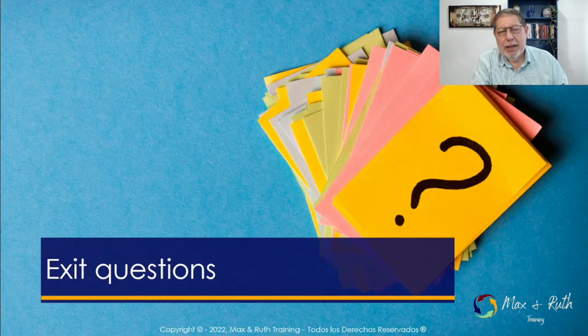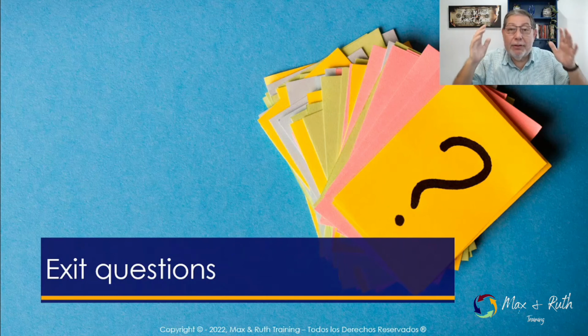And finally, you can have exit questions, and you can ask them what they have learned, what they need to learn, what's something that is worrying them, what's something that they're happy about. And these work marvelously well because they allow the participant to start this thinking process about their own learning and about what they have learned during the session.